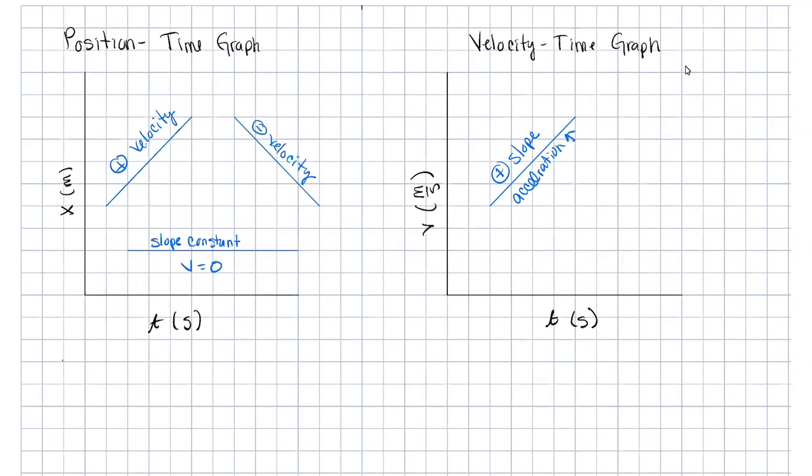If we have a negative slope, we have acceleration decreasing.